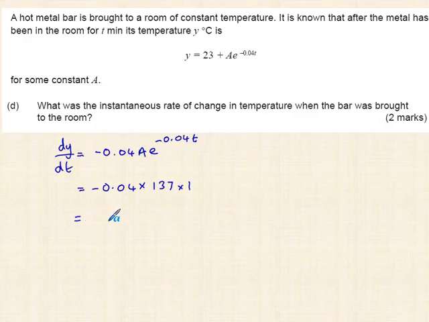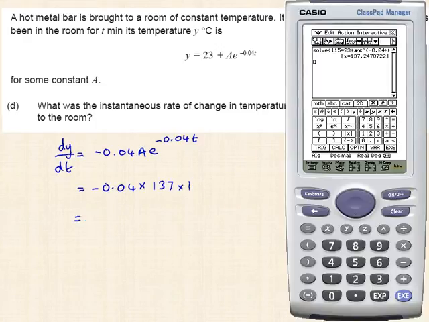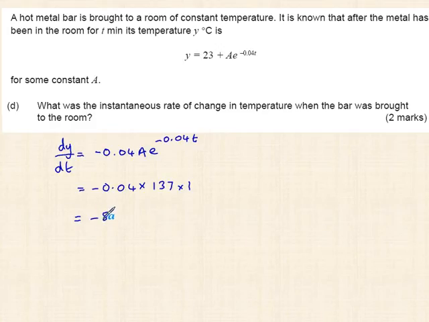So it's just a case of working out 0.04 times 137. That gives us 5.48, so negative 5.48 degrees Celsius per minute.